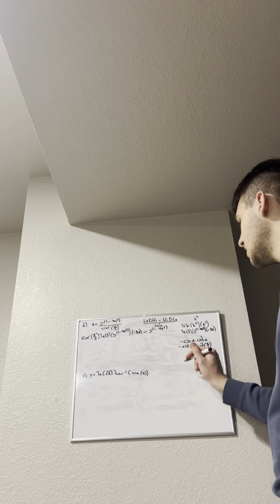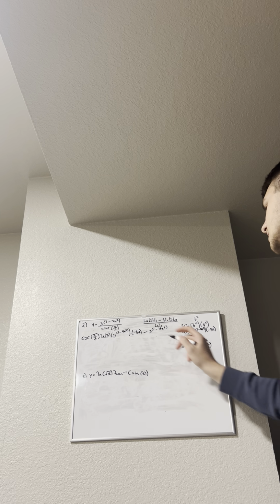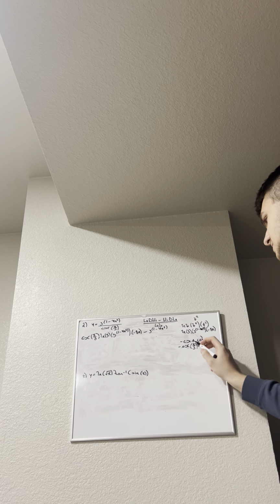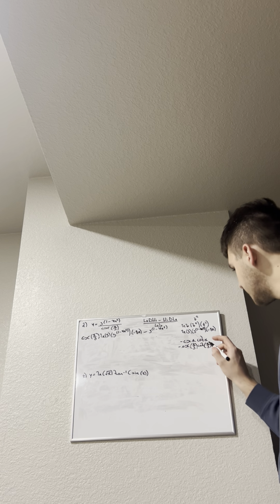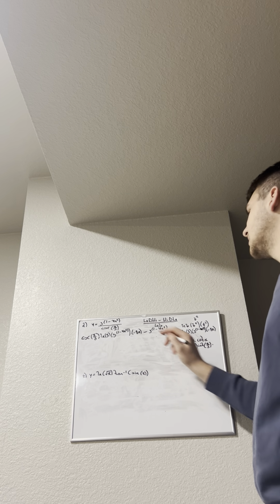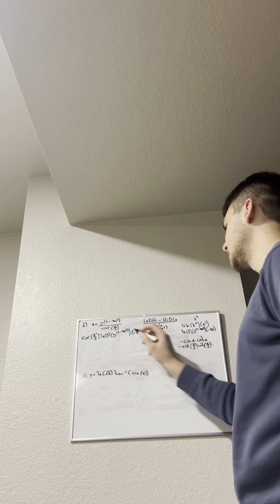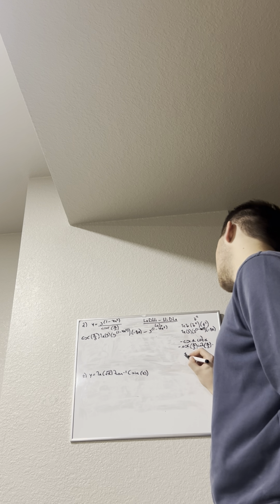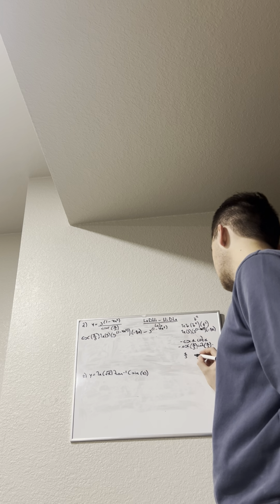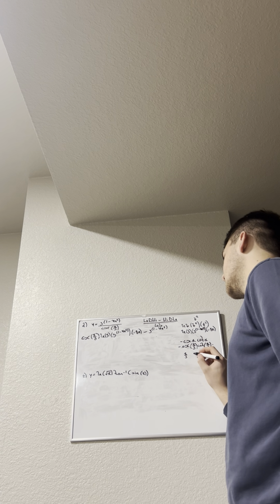With the chain rule, you first find the derivative of the trig function and leave the inside function as the original, and then you multiply that by the derivative of the inside function, which is the derivative of x over 3. In this case, we can just use the quotient rule again, so low d high minus high d low.